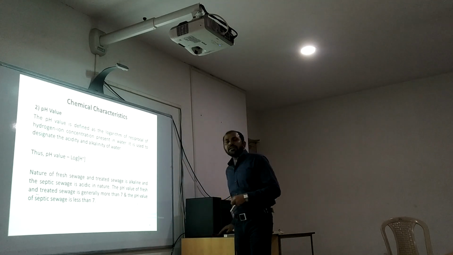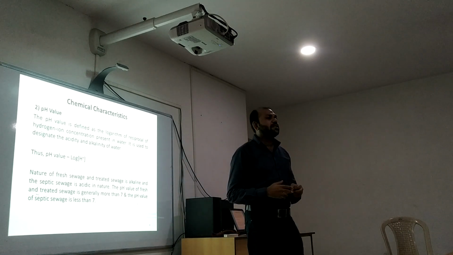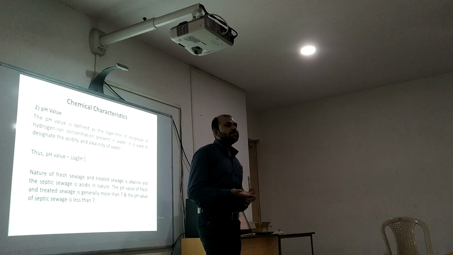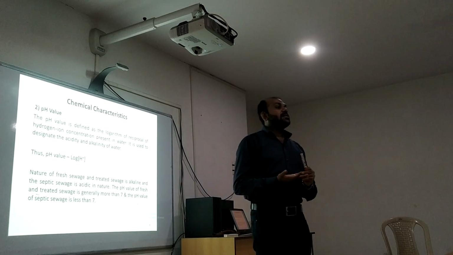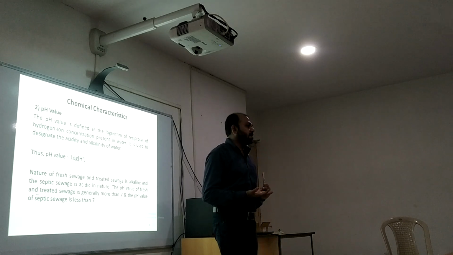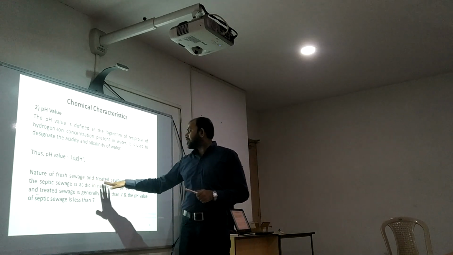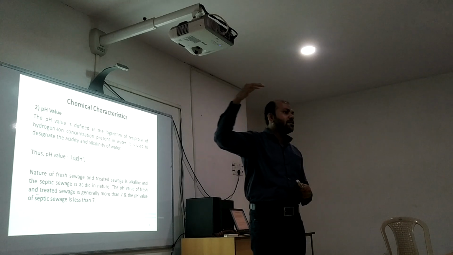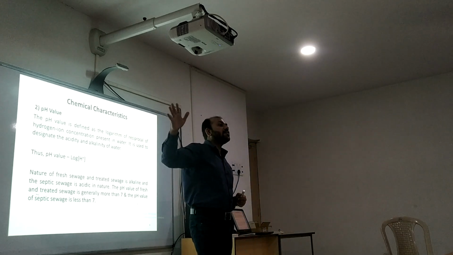pH in terms of wastewater sewage, we have discussed. Fresh sewage is alkaline in nature, and septic sewage is acidic in nature. So the pH of fresh sewage will be more than 7 because it is alkaline or basic.